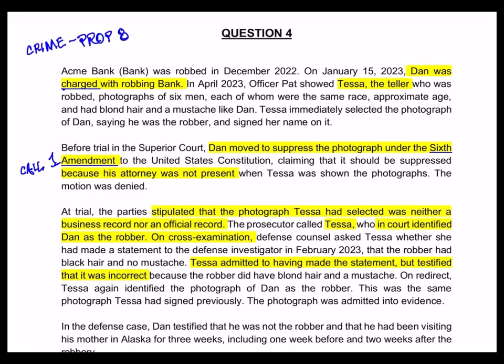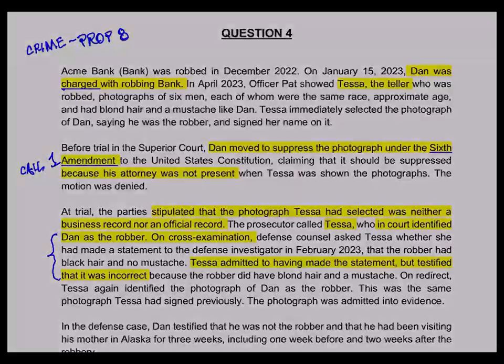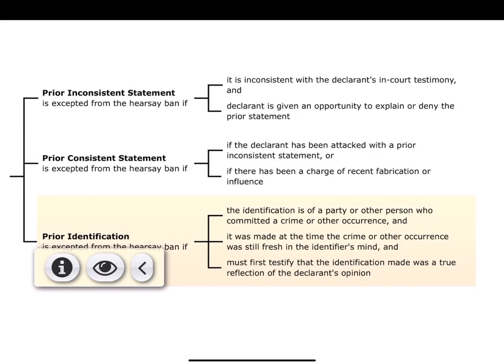So this is a witness who has just been impeached using a prior inconsistent statement. The prosecutor now wants to get in this photograph, which you could view as a prior consistent statement. So recall what we saw you need for a prior consistent statement.